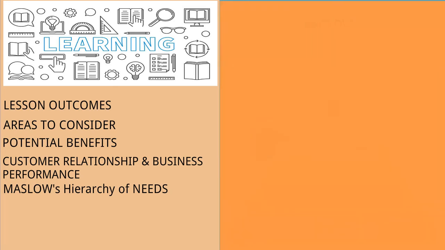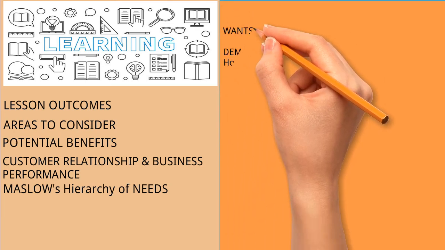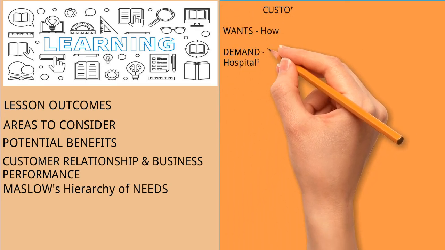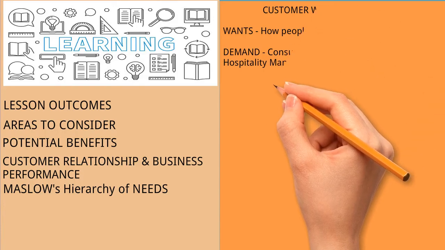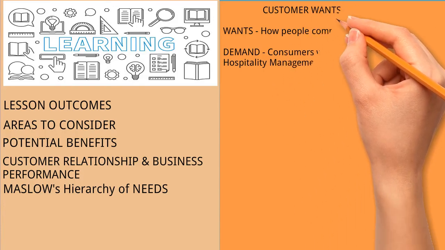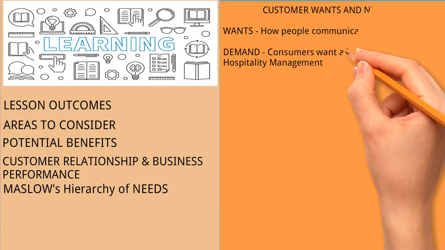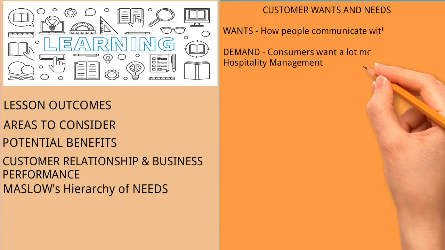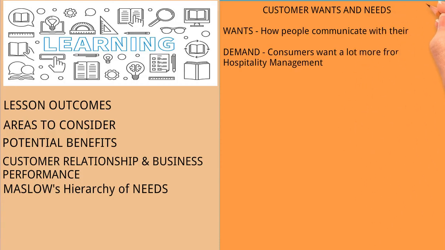When we think of the customers' wants and needs, the wants are really how people communicate their needs, and the demand is that consumers want a lot more from tourism and hospitality organizations, especially since the marketplace is so competitive.